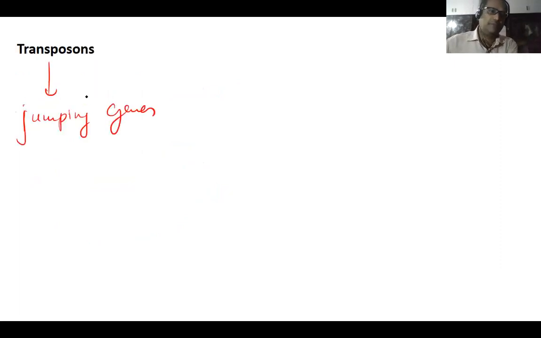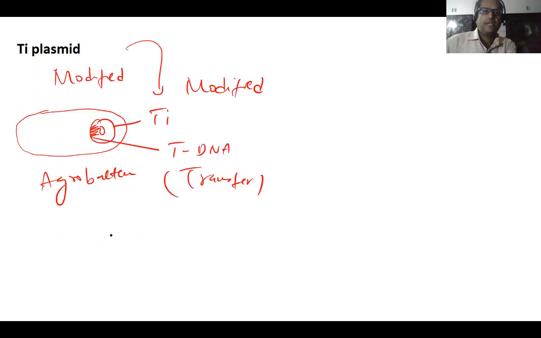Transposons are called jumping genes. These are also considered to be vectors which can carry genes. Again it has its own speciality, which is that it can jump. TI plasmid, the tumor inducing plasmid: if we modify that, its pathogenicity will go off, and finally we can transfer the desired gene into it.